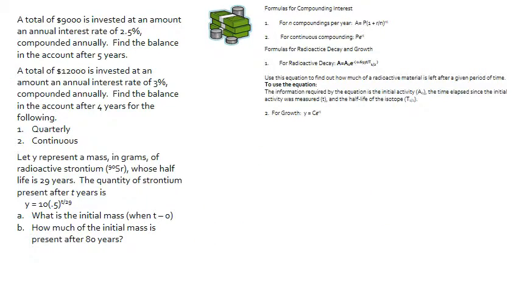The next one is going to be some radioactive decay. So now we're going to use a little bit more of a radioactive decay type of formula. Fortunately, they happen to give it to us. y equals the 10 times 1/2, where 1/2 is our half life, in years. You can use 1/2 or you can use 0.5, whichever is easiest for you.